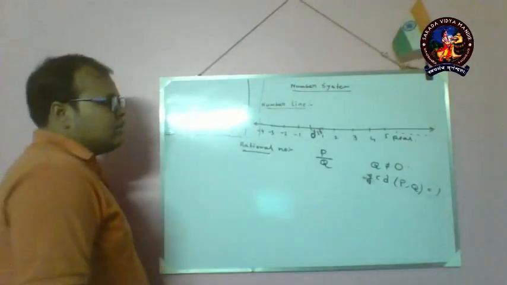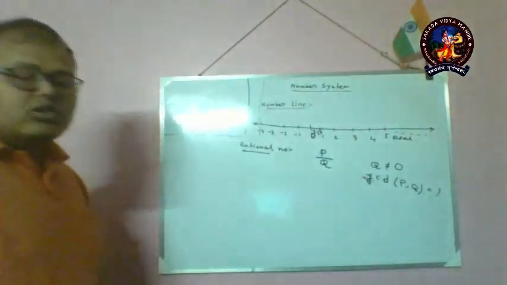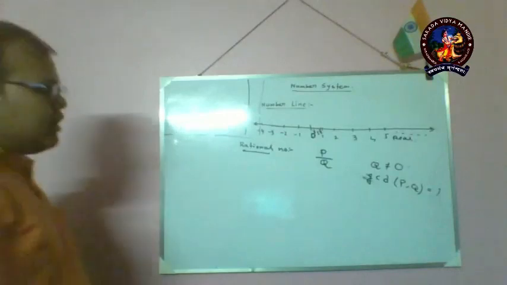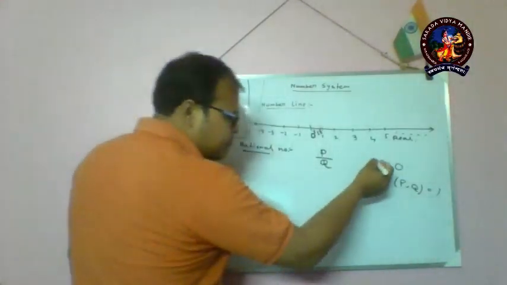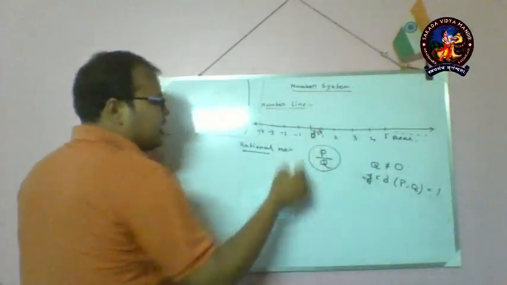What is the meaning of GCD? Greatest common divisor, which is nothing but the HCF, highest common factor. So the HCF of p and q should be equal to 1. Only if any number satisfies these two conditions, then they are called rational number.